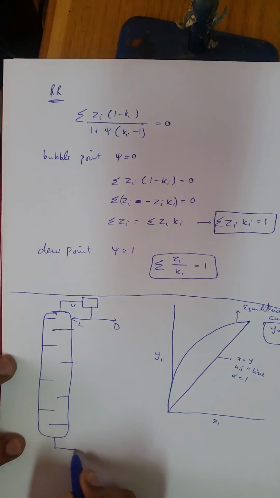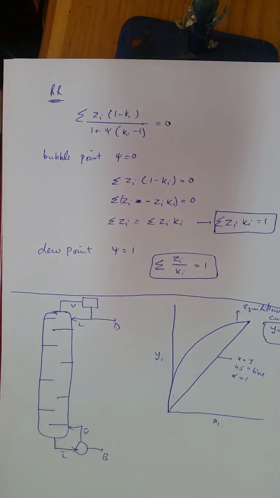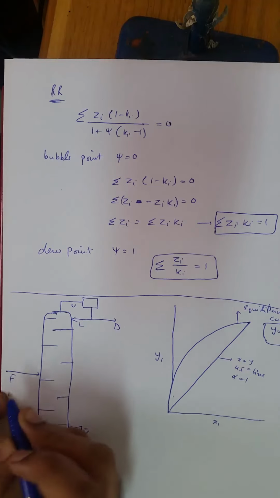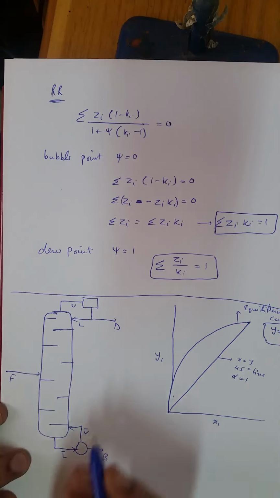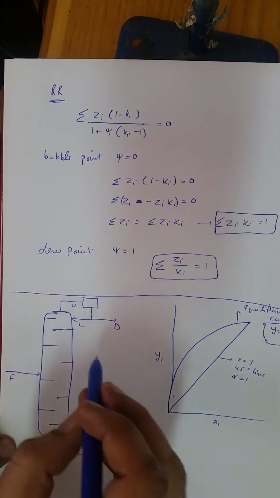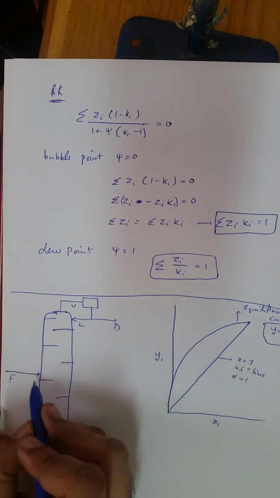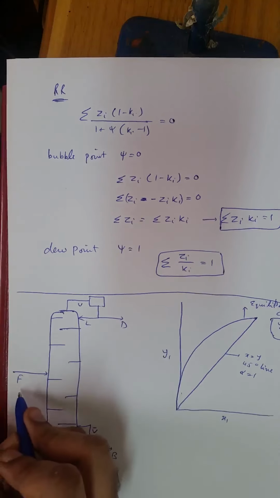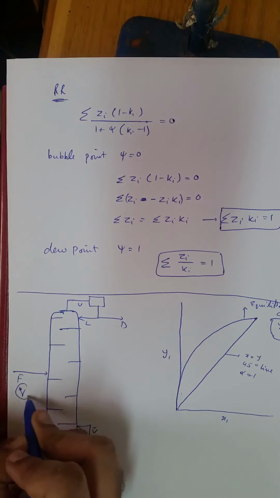Similarly here we have the typical distillation column, and we are entering the feed over here. So this is the feed, this is the feed point, and we can say we substitute here the quality.